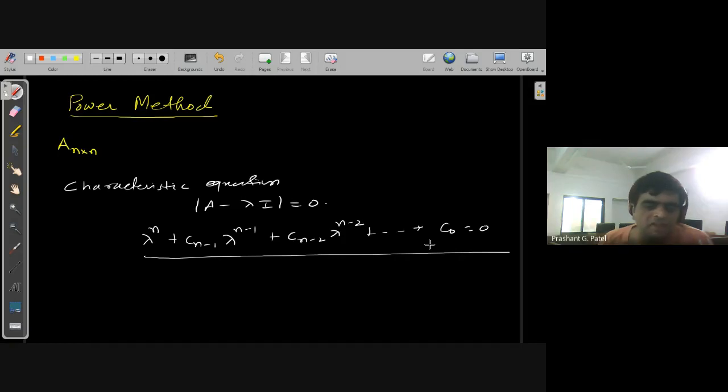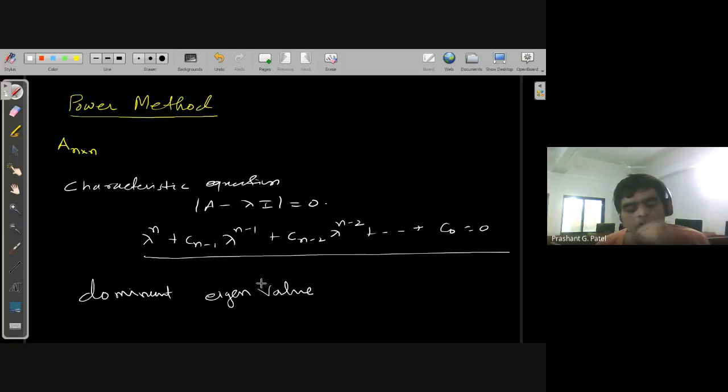What we'll present here is a method that can be used to find the eigenvalue that is largest in absolute value, and that value is called the dominant eigenvalue. So what we are going to discuss here is the problem of finding the absolute largest eigenvalue of the matrix, known as the dominant eigenvalue.